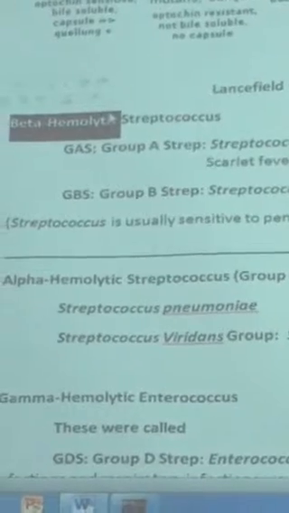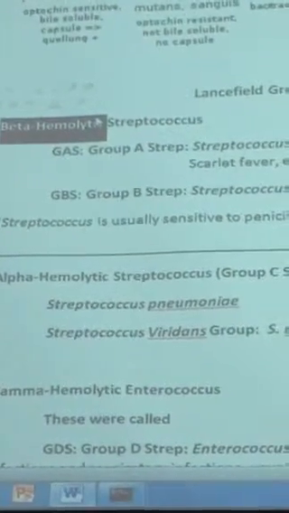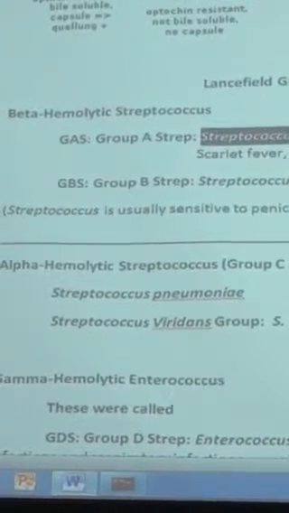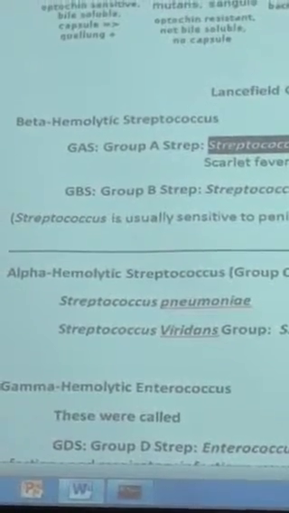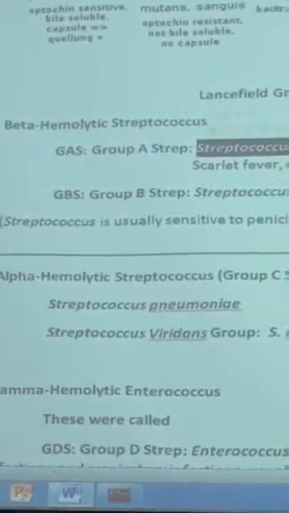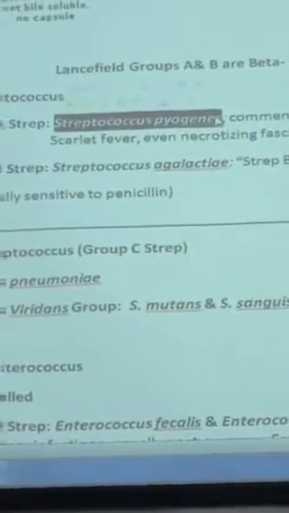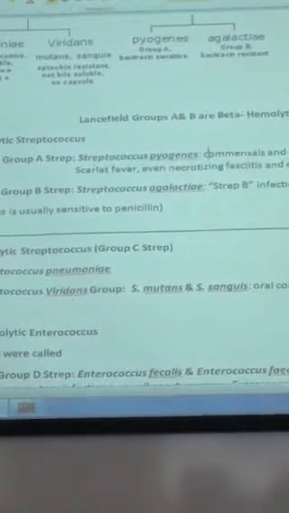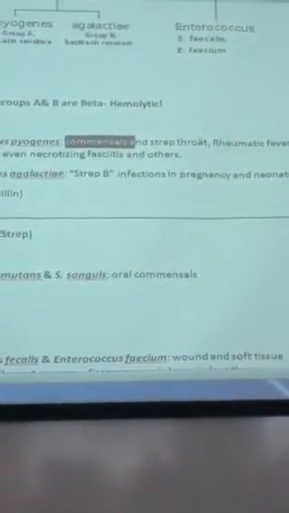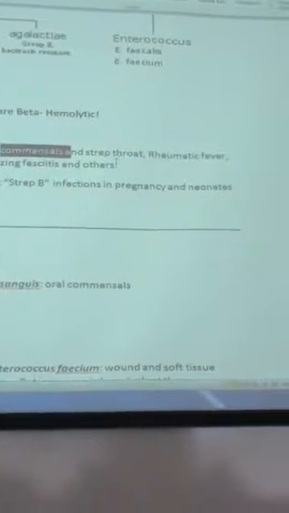They're both beta hemolytic. Group A strep is the species Streptococcus pyogenes. And Streptococcus pyogenes is GAS. We call it gas, or GAS. It is commensal flora. It can also cause strep throat, rheumatic fever, scarlet fever, even necrotizing fasciitis.